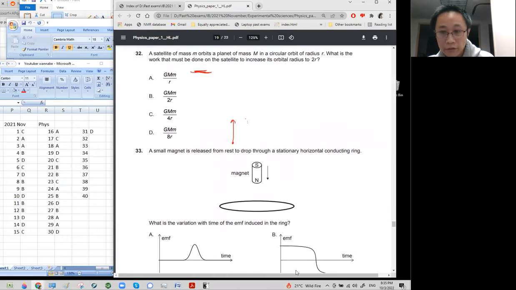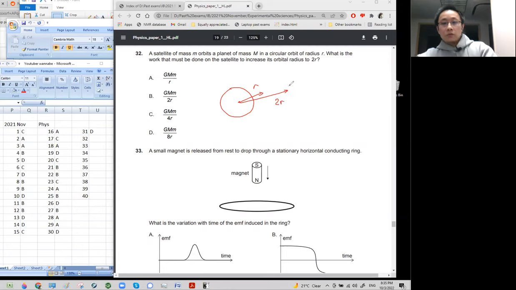Okay, satellite question, clear this. A satellite of mass m orbits a planet of mass M in a circular orbit of radius R. And this question is not asking for the height of the orbit, but they're actually talking about the radius of the orbit. So they go from R to 2R.